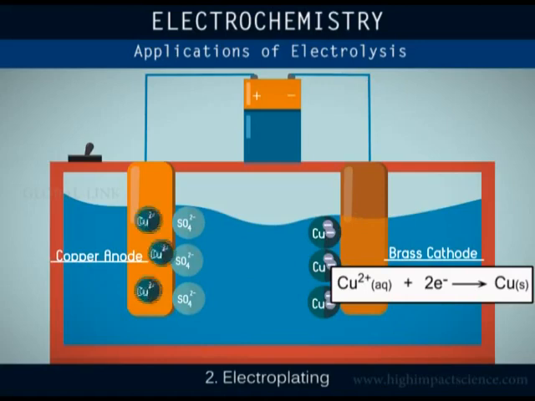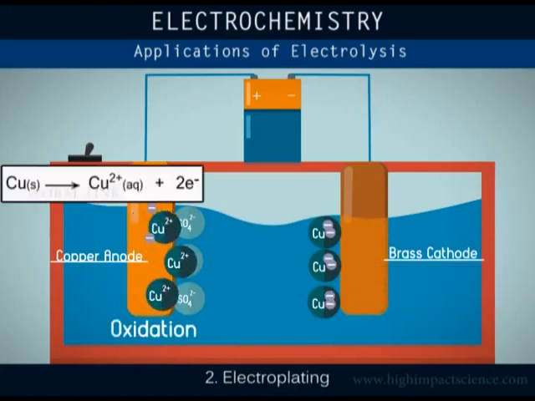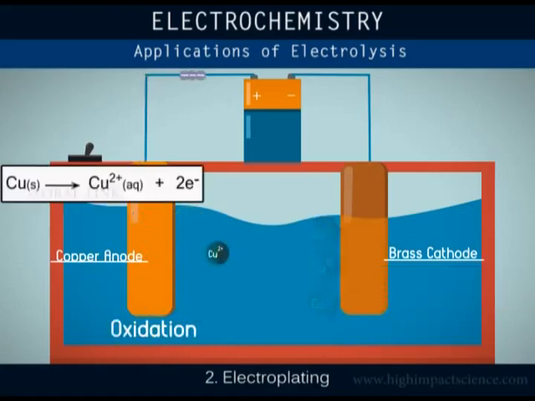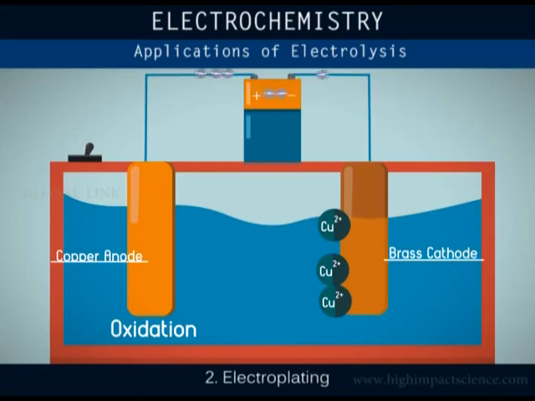Instead, copper atoms on the anode lose electrons to form copper 2 ions and move into the solution to replace the copper 2 ions reduced at the cathode. More copper 2 ions move to the cathode. Electrons are moving through the wire and reduce the copper 2 ions into copper atoms that coat the brass electrode.